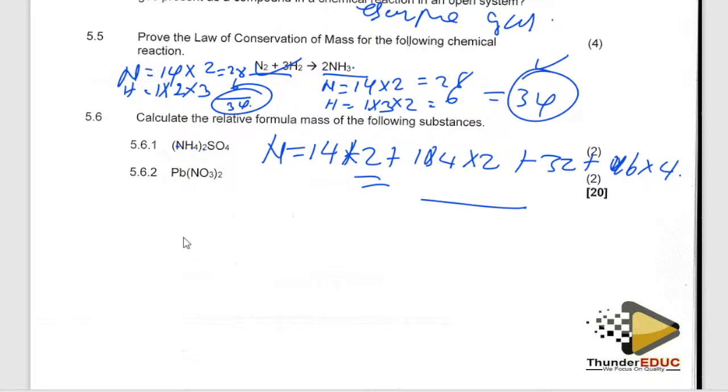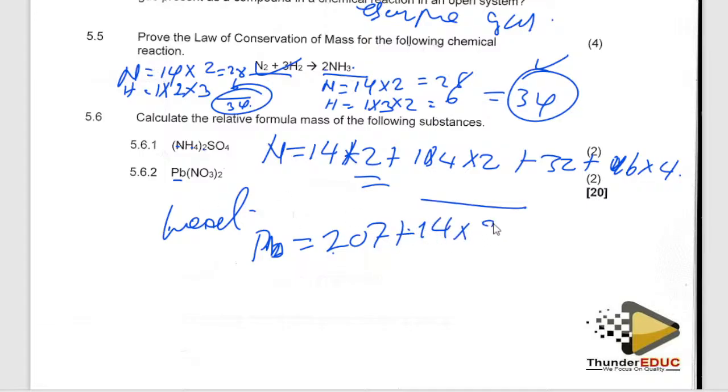And then lead, Pb. So lead is 207, 208, 207. Yeah, it has isotopes, there's 207, 206, 208, but this is from the periodic table. 207 plus nitrogen, which is 14 times 2, and it's times 2 because of this.